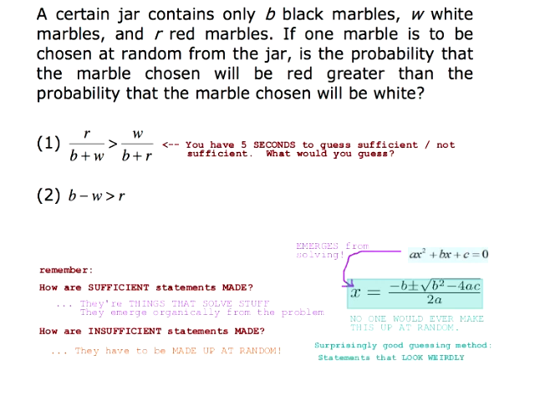Statements that look weirdly special or complicated are much more likely to be sufficient. If you look at it and your response is, wow, that totally does not look like someone would ever make that up at random, then that probably means they didn't make it up at random. It probably means it's sufficient.